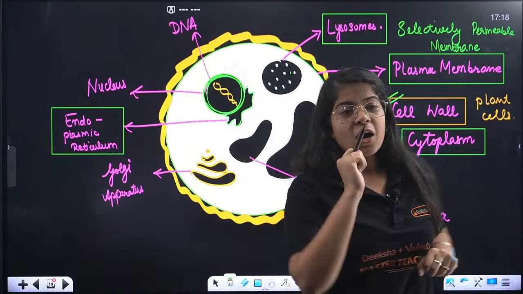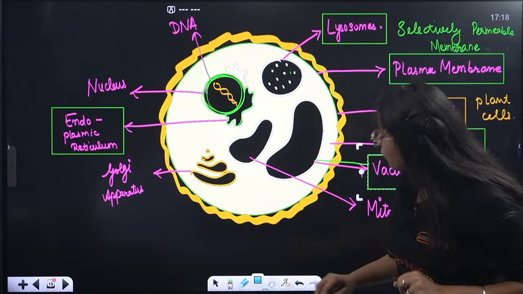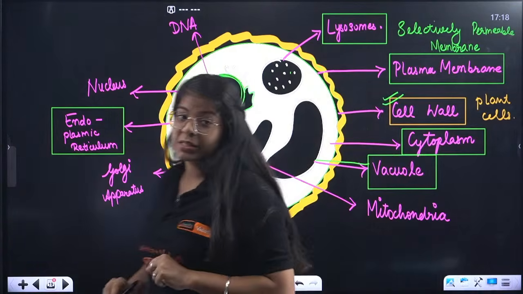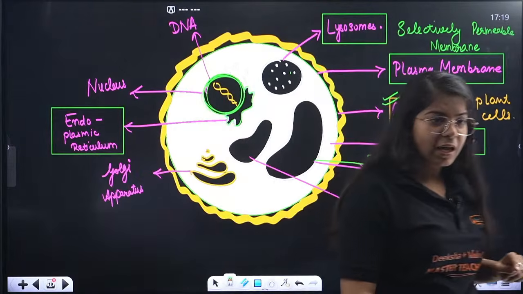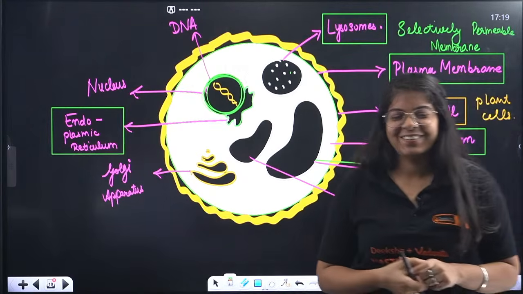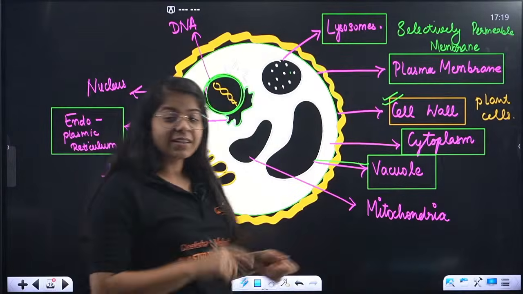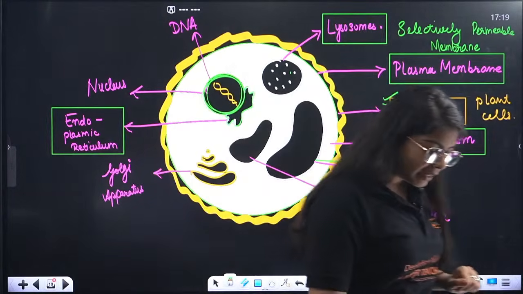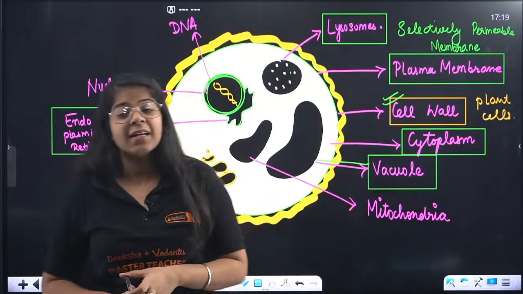Okay, now the last remaining thing. We are done with the vacuole. Which is the powerhouse of the cell? That is the one thing I know all of you remember, the one thing I still remember even now.